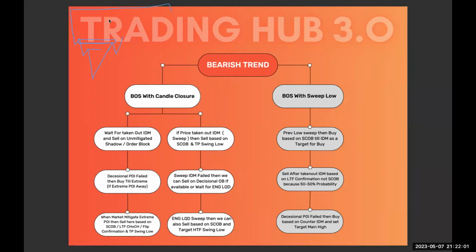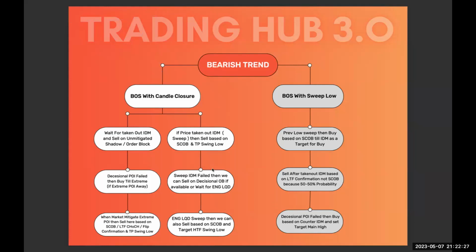And this one is your extreme, right? So simply market has taken out this inducement and then you can buy till this one. And then you can sell here till this low and buy here for the counter trend, which I covered in a previous diagram also. So you can watch them again.